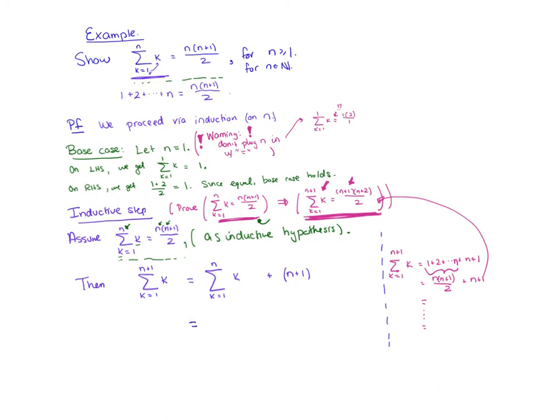And then that's equal to, well, I assumed that this quantity was equal to n times n plus 1 over 2. And then I'm adding on that n plus 1 over there. Sorry, that n plus 1, I wrote 2. Let's fix that. By my inductive hypothesis.